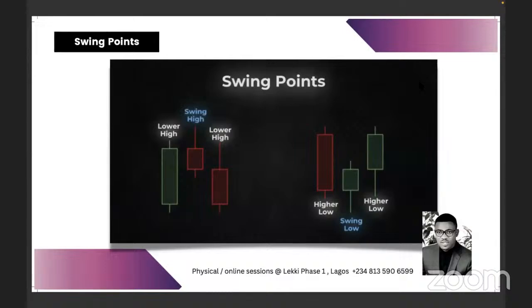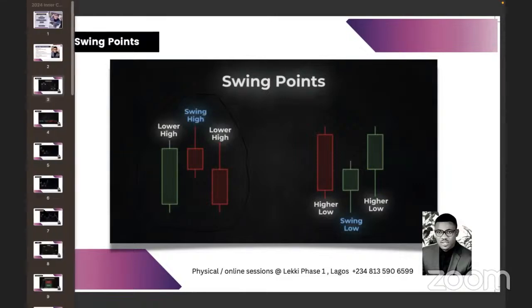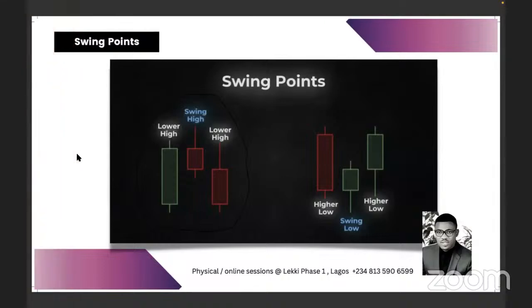What is a swing point? A swing point is formed when you consider 3 candles. You can identify a swing point easily when you are considering 3 candles. The color of the candle does not matter.